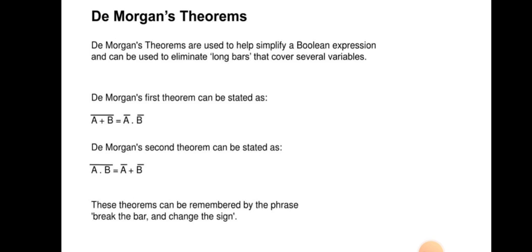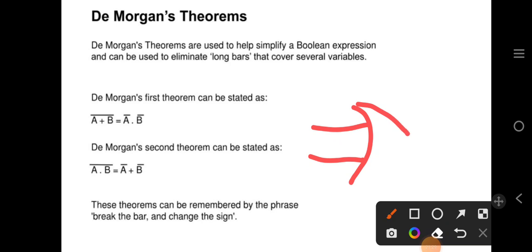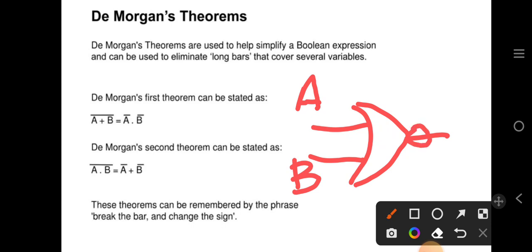De Morgan's first theorem can be stated as (A plus B) whole bar. If any OR gate has a bar, this is an OR gate having two inputs, this is A, this is B, and here there is a bubble, meaning we have inverted.